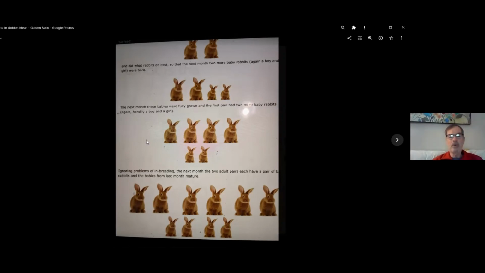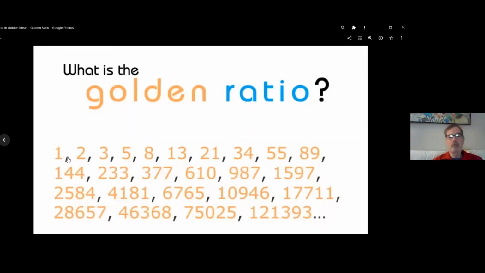The rabbit pairs come out like this: 2 pairs, 3 pairs, 5, 8, 13, and so on. That's what happens if those rabbits multiply on out forever. These are the numbers you get. We could leave that alone and go on to the next slide, but there's something really magical about this series of numbers.